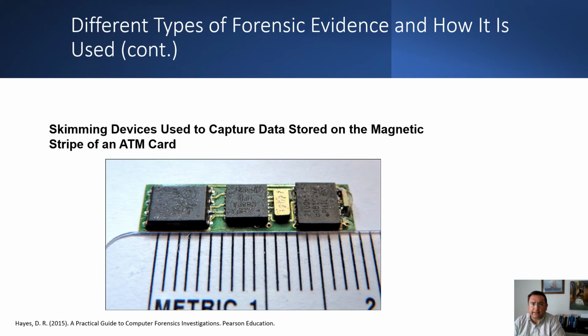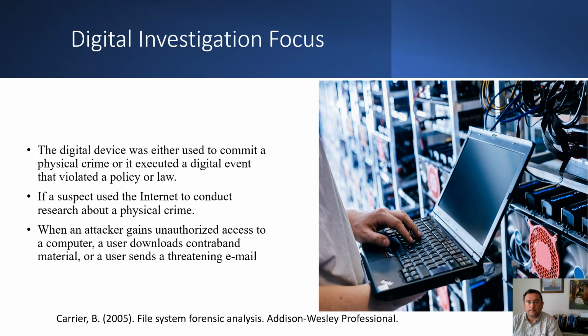I actually shared a video in the previous classes, and here you see a skimming device used to capture data stored on the magnetic stripe of an ATM card. So this is another type of digital evidence that puts the offender under scrutiny, or the digital device can either be used to commit a physical crime, or it executes a digital event that violated a policy or law.